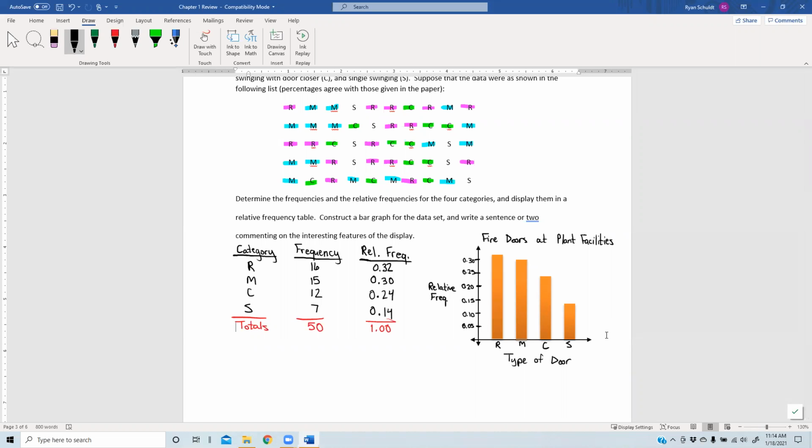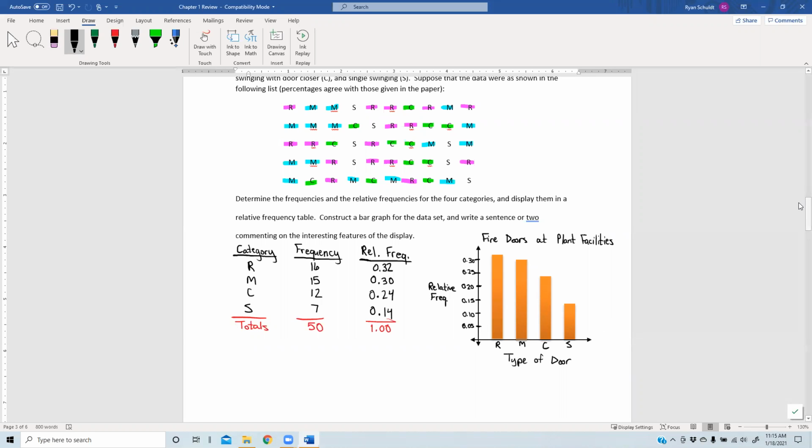But wait, there's more. Now we have to comment on any interesting features that we notice from our display. Well, in the future, we're going to talk about something called critiquing the graph, but we haven't talked about that yet.